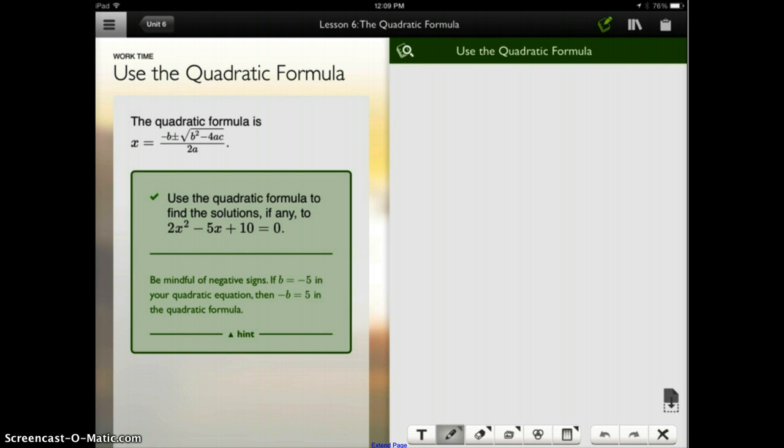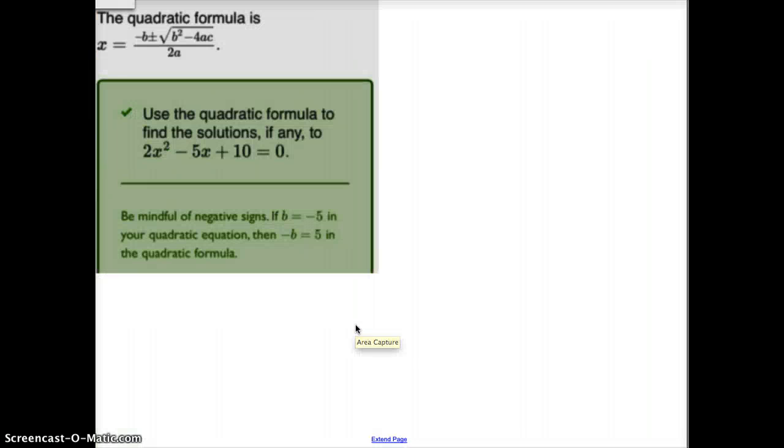Be mindful that a negative b means I'm going to put negative 5. So I'm just going to get this portion. That's all I really need, and I'll have a little more workspace. Okay, so our quadratic formula, we'll fill it in. This is our a value, this is our b value, and this is our c value.